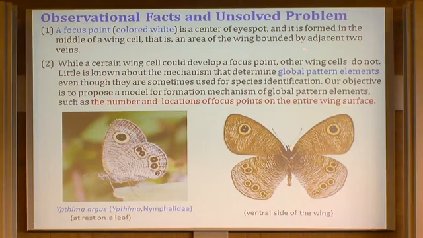It is formed in the middle of a wing cell. A wing cell is not a real cell, but a small area surrounded by adjacent wing veins, as you see here. So the eyespot is located in the middle of a wing cell.